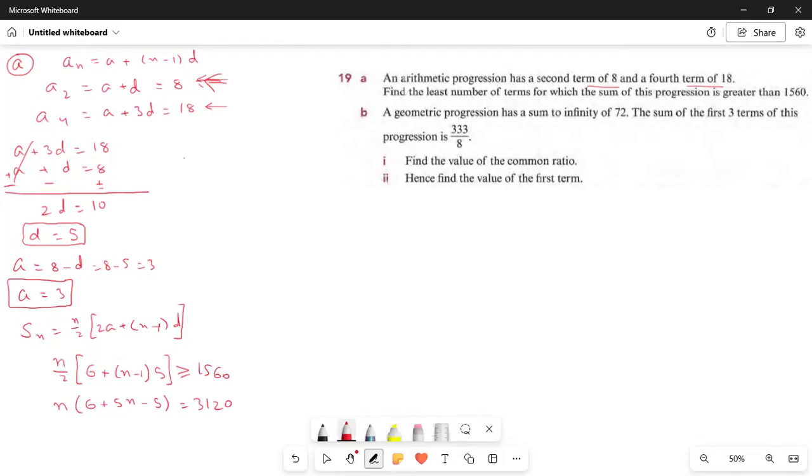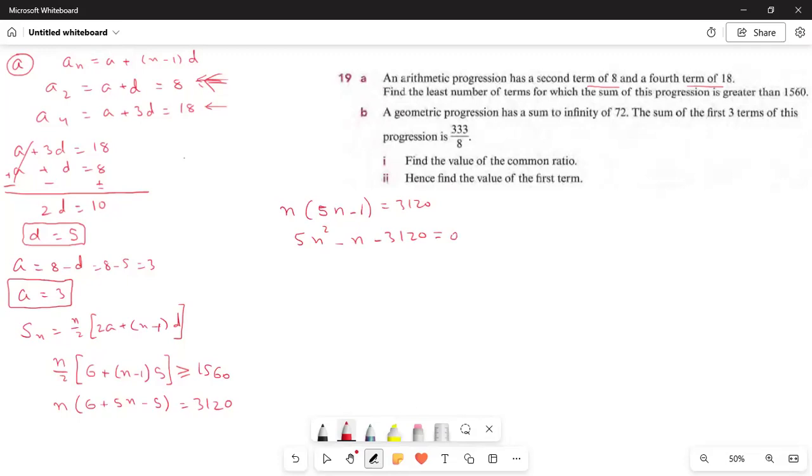And 6 minus 5 is 1, so it will become n into (5n plus 1) equals 3120, which gives 5n squared plus n minus 3120 equals 0. I'm putting equal so let's do it for equality here.